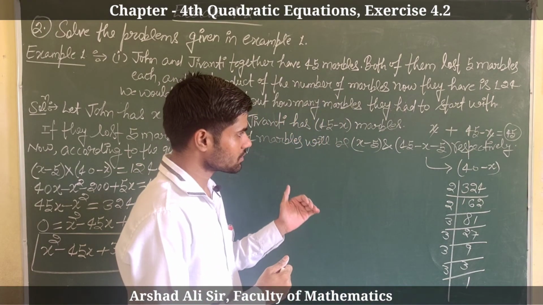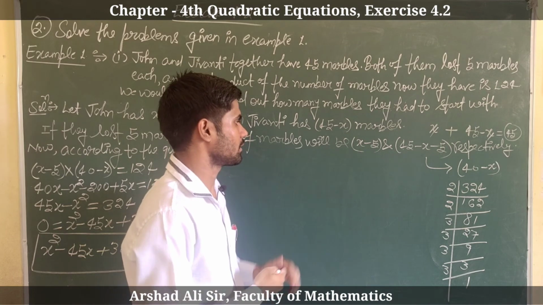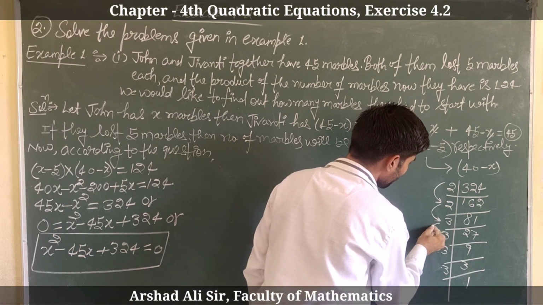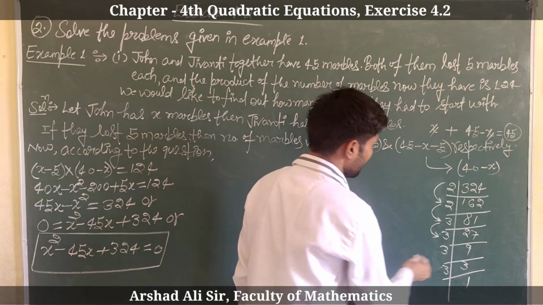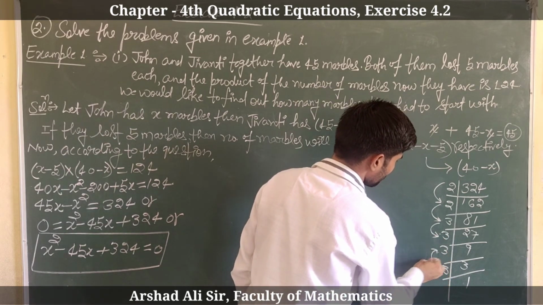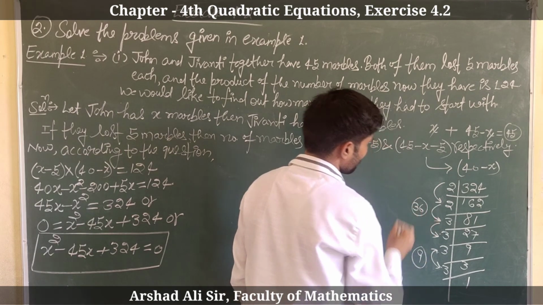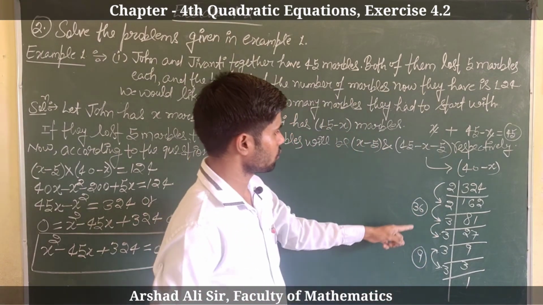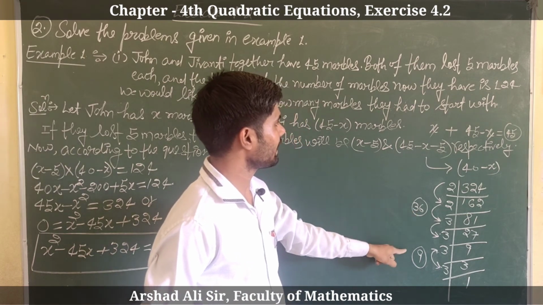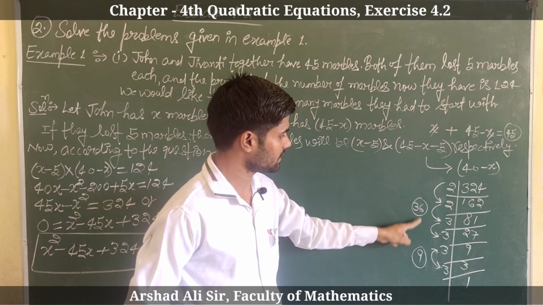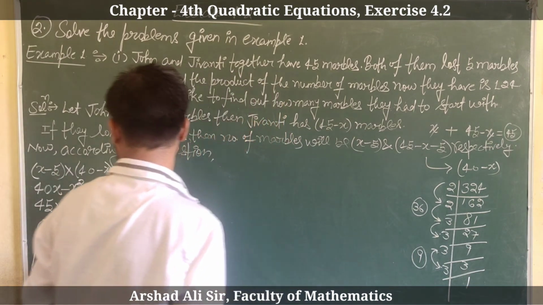Now we can adjust these factors to each other. 2 2s are 4, 4 3s are 12, 12 3s are 36 and 3 3s are 9. Okay, this is 9 and this is 36. If we multiply these two terms, we will get 324. And if we add both the terms, 36 plus 9, this will be 45.